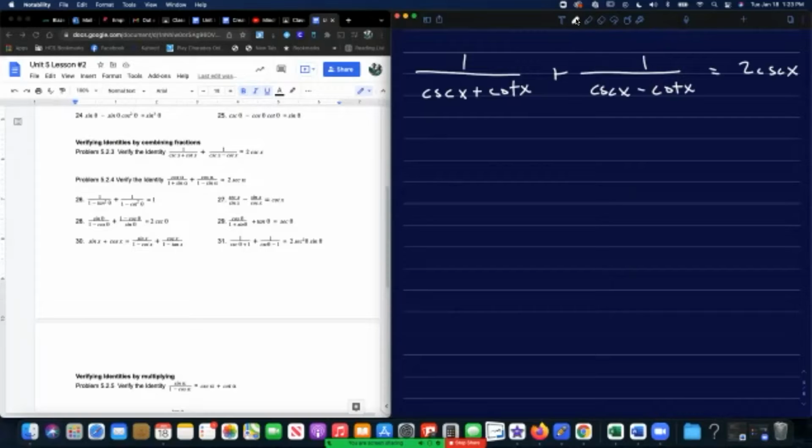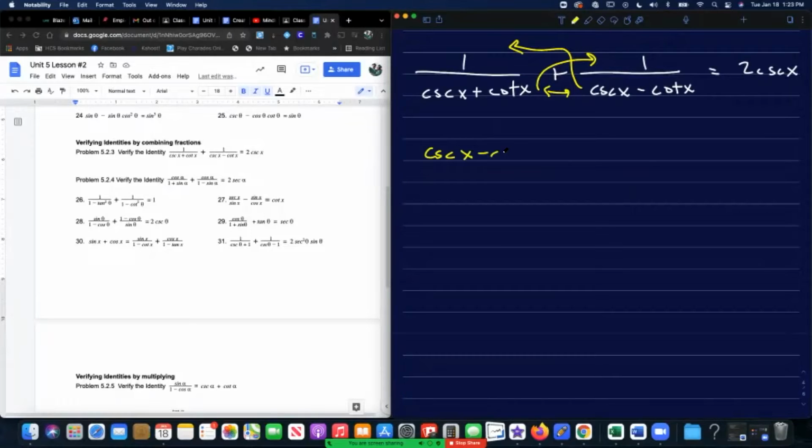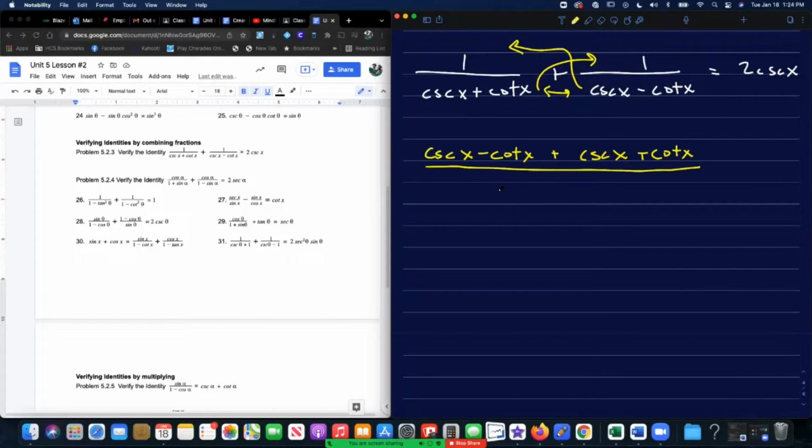So the way I like to add fractions is kind of that cross multiplication. So I'm going to multiply the two denominators together. So you end up with, let's see, cosecant x minus cotangent x plus cosecant x plus cotangent x. And then if you multiply the two together, this is the difference of squares. So you end up with cosecant squared x minus cotangent squared x.